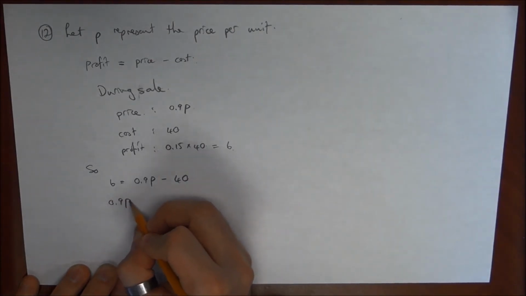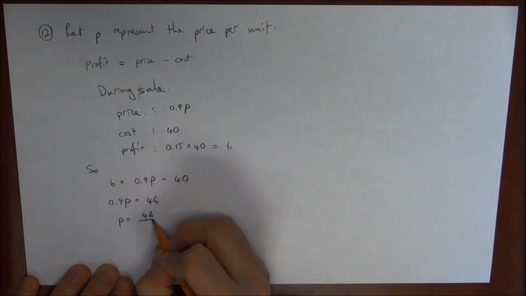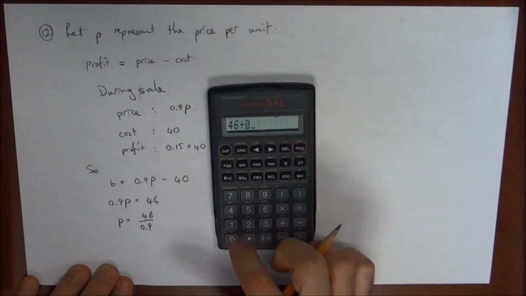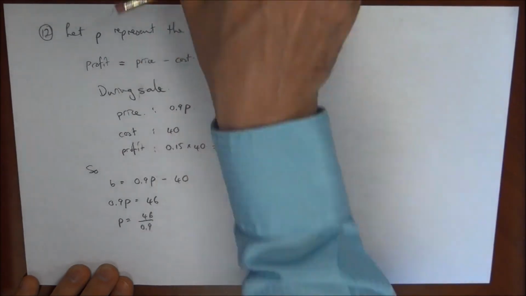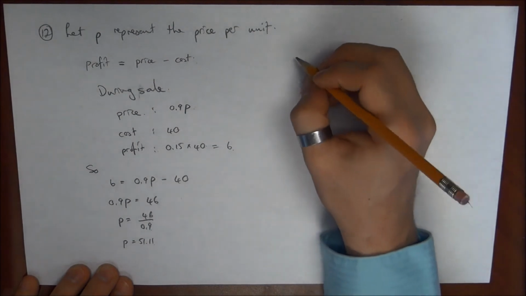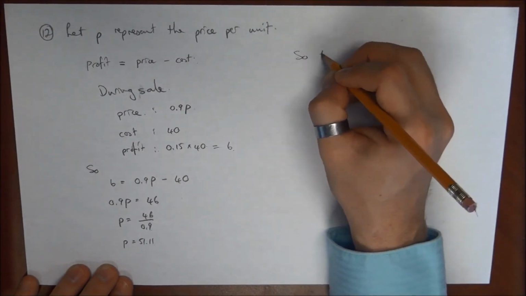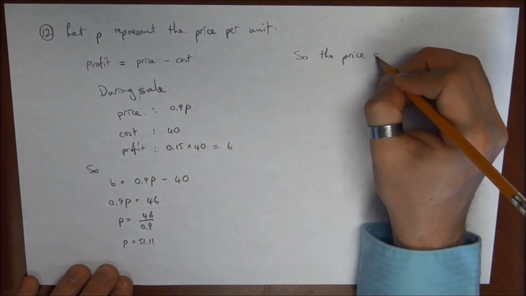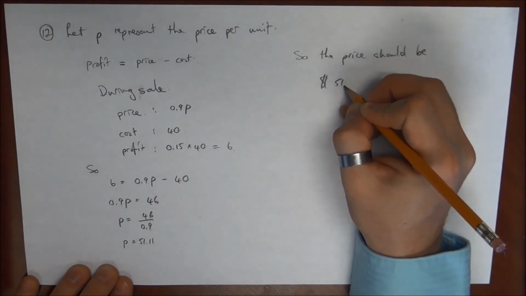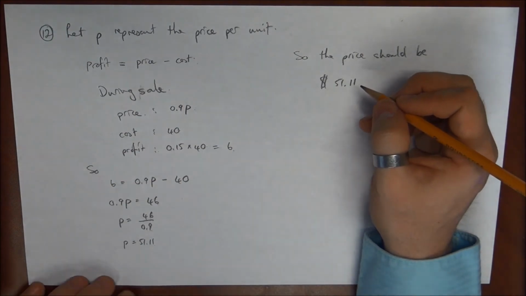So 0.9p equals 46, so p equals 46 over 0.9. 46 divided by 0.9, 51.11. So let's say here, the price should be $51.11.